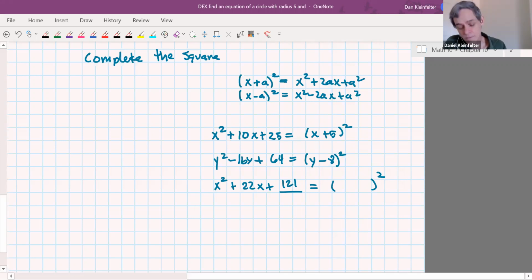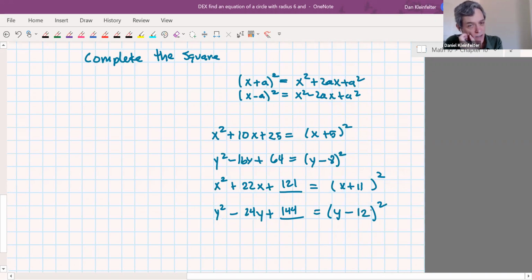That constant term would have to be 121, and we'd have (x + 11)². If we had y² - 24y + something, it would be y minus something squared. Half of 24 is 12, 12 squared is 144. Now it factors as (y - 12)². So that's completing the square.